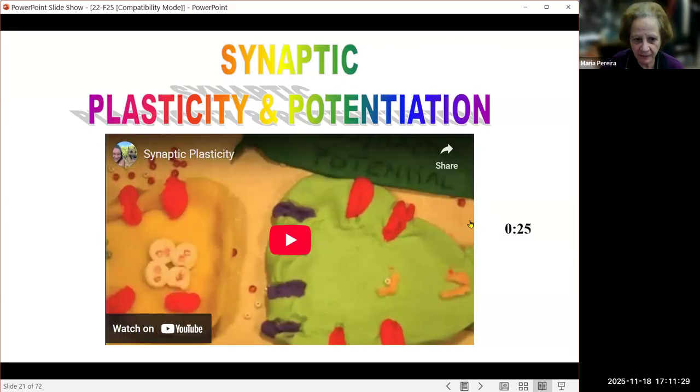Okay, here we go, synaptic plasticity. So these connections among neurons are not static, they're very dynamic. So during the day, we have all kinds of experiences, and we will not remember all of them tomorrow or in a month or in a week. Why?